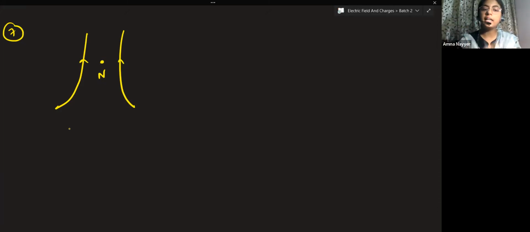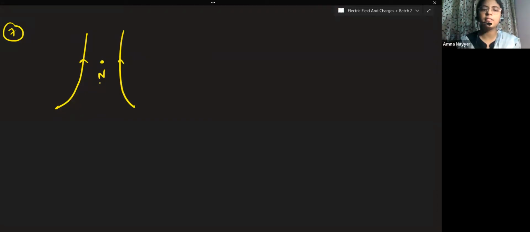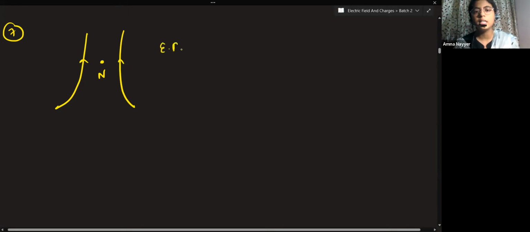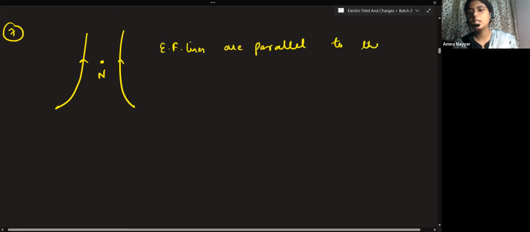Where the net electric field was 0, that was the neutral point. So electric field lines never cross through this point. They can move away from it, but they are parallel to it. Electric field lines are always parallel to the neutral point. So they cannot cross it.